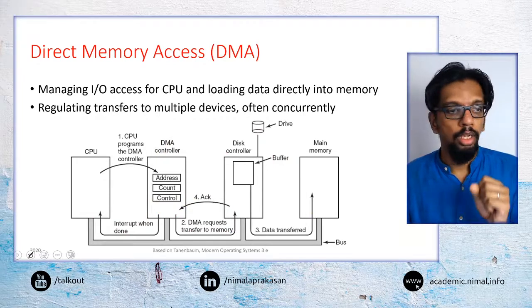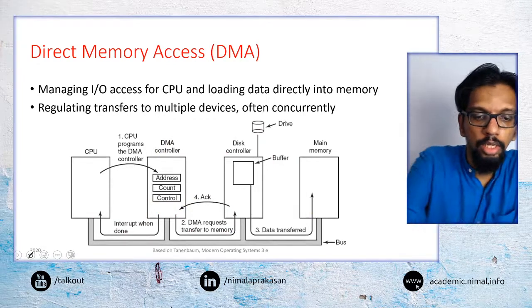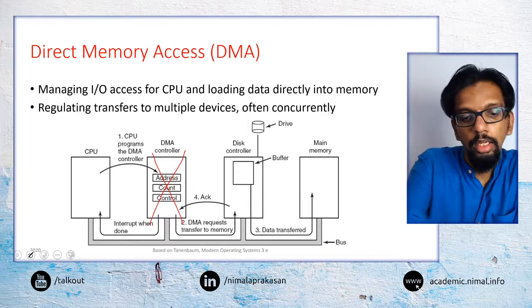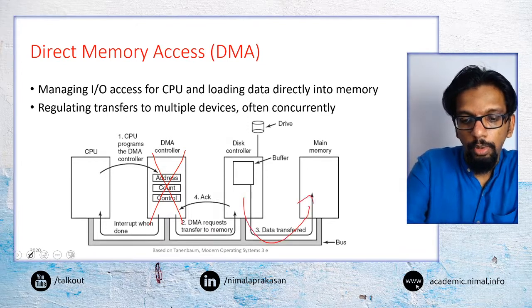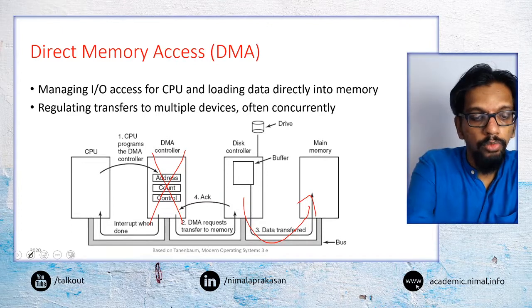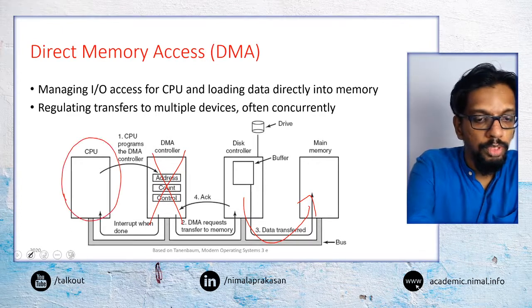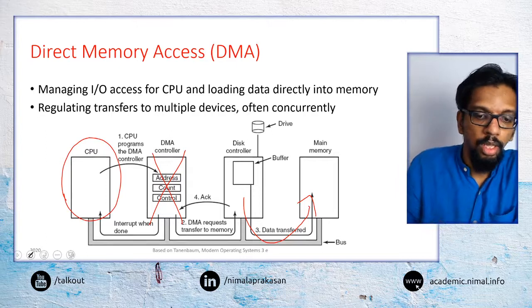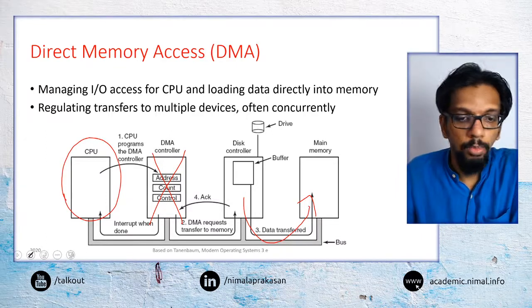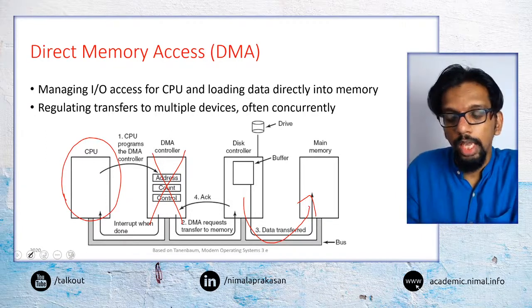If a DMA controller is not there, the data transfer will have to happen under the supervision of the CPU, and so it may waste a number of CPU cycles on these additional transfers.